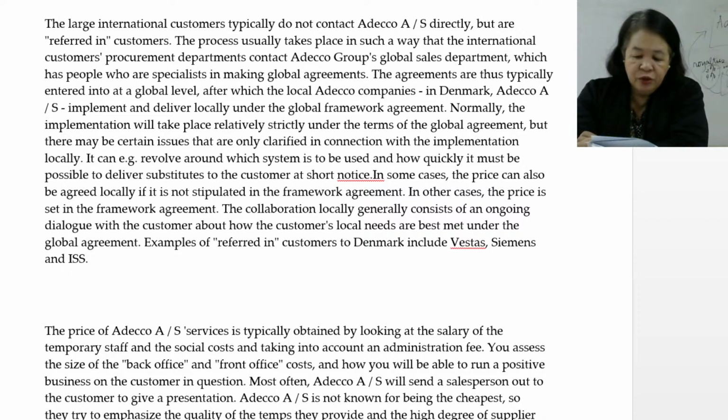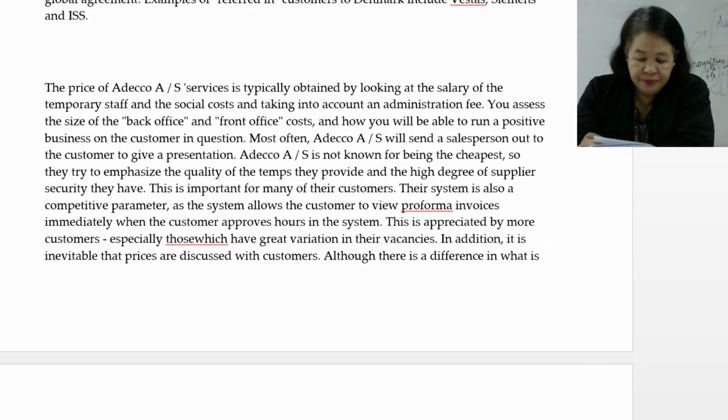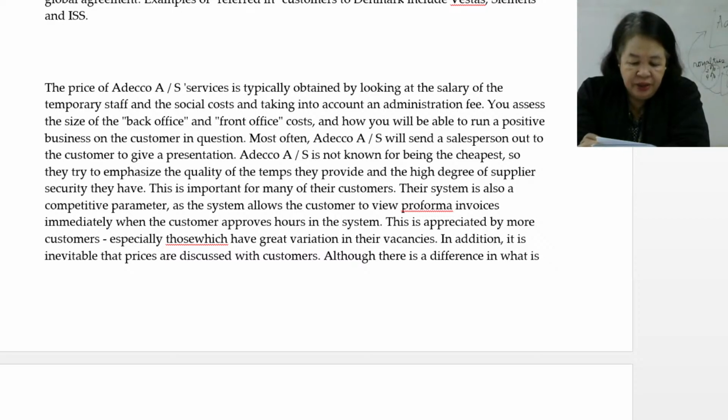So most often, Adecco AS will send a salesperson out to the customer to give a presentation. Adecco AS is not known for being the cheapest, so they try to emphasize the quality of the temps they provide and the high degree of supplier security they have.